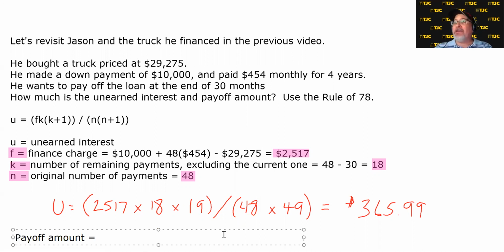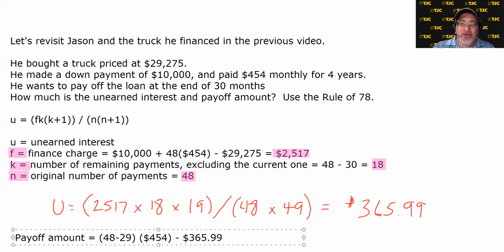So 48 minus 29 is how many payments we haven't made, because we haven't made the 30th yet. We've only made through the 29 payments. That's going to get multiplied times the 454. So that's what we still owe for the payments minus the unearned interest, which was $365.99.